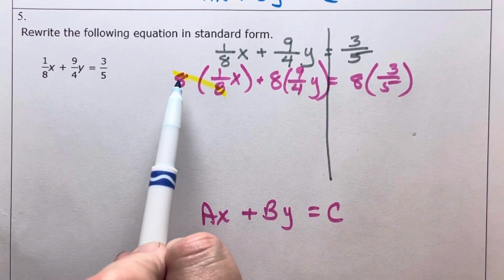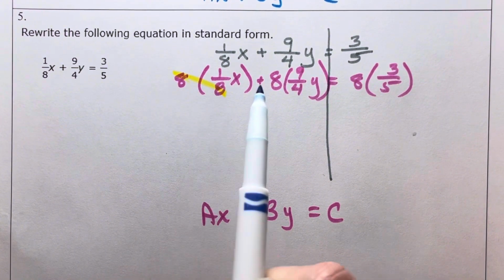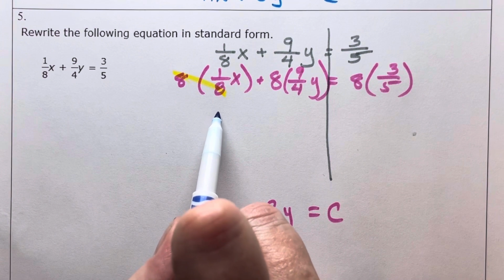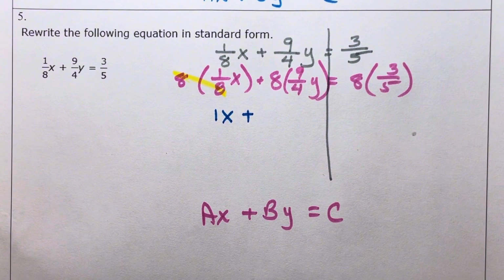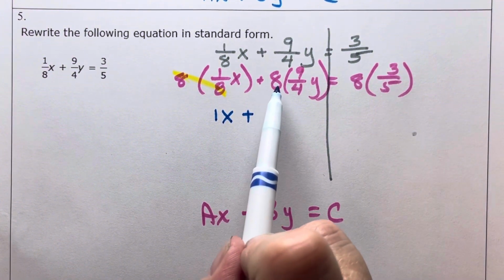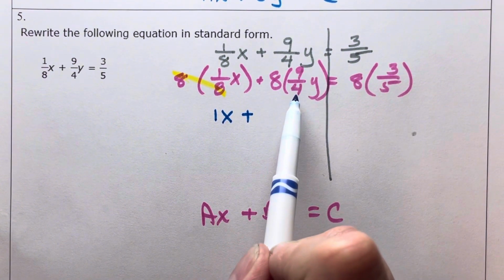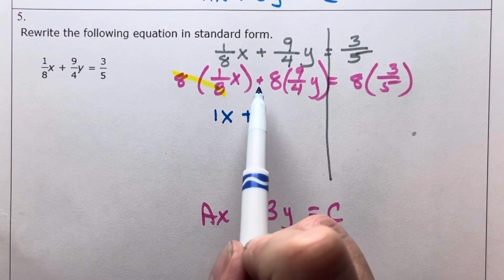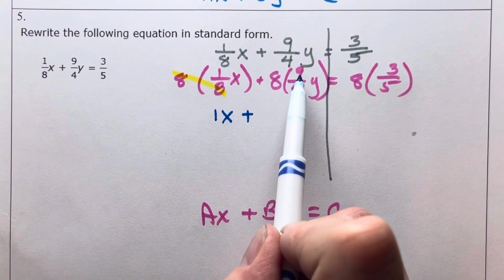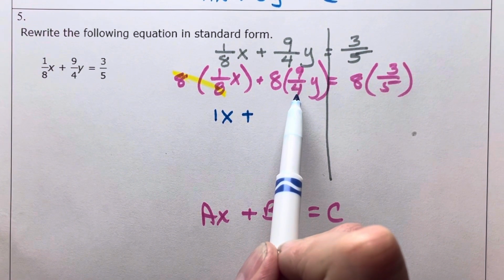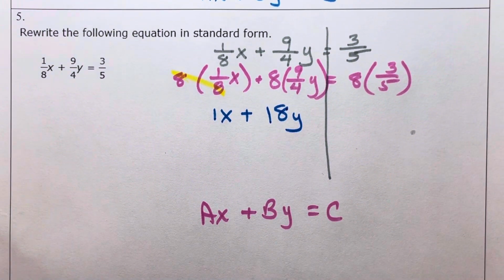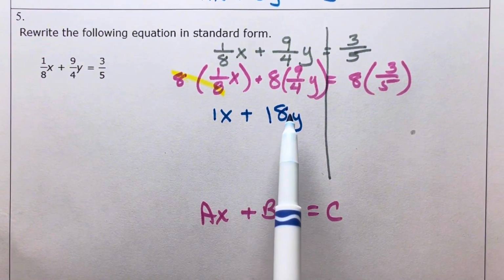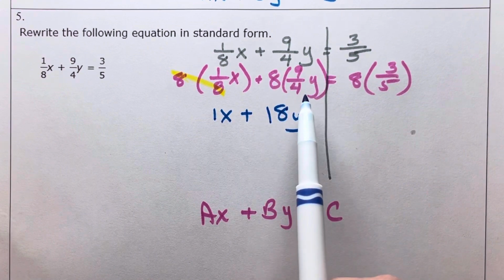So I know for sure I've gotten rid of one fraction, leaving us with 1x. And then we see that when you multiply 8 times 9/4, well, 8 times 9 is 72. And 72 divided by 4 is 18. Aha. We have gotten lucky and gotten rid of a second fraction.